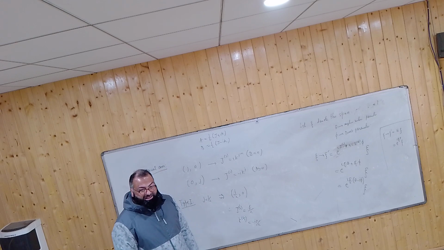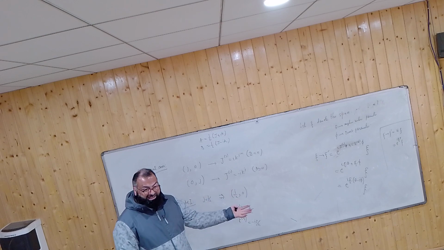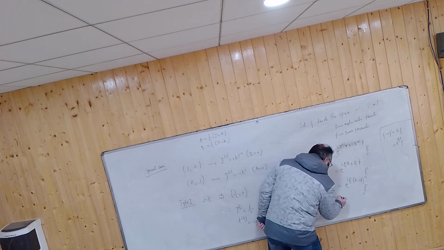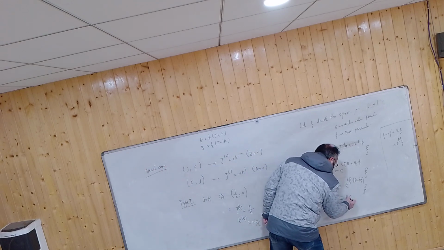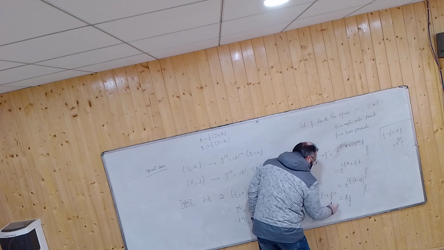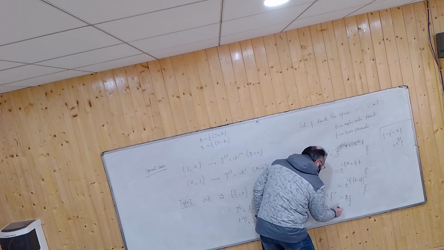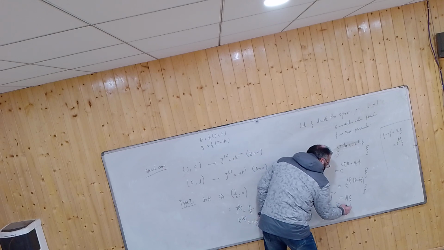Clear? That means our spin half particle under Lorentz transformation transforms in this way. So this is one type of spinor. Let's define this M zeta: we are having this zeta prime goes as M zeta, where M is equal to this.